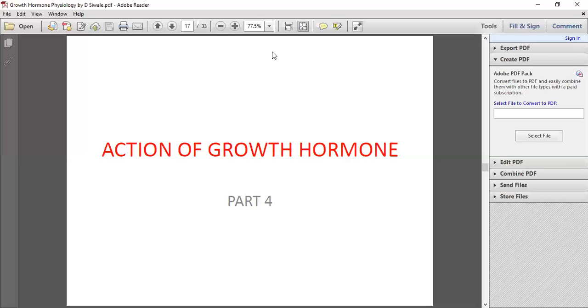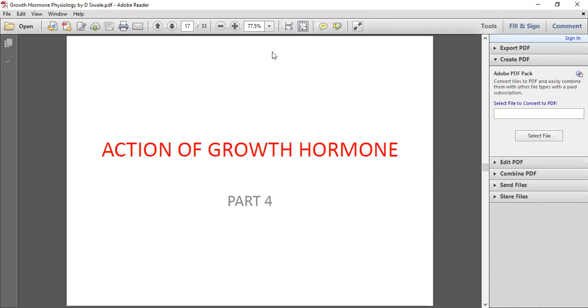Yes, sir. Just a follow-up question on the same one that she asked. Does it mean when we do even the synthesis of the growth hormone? No, synthesis of growth hormone follows the same pathway of synthesis of proteins.